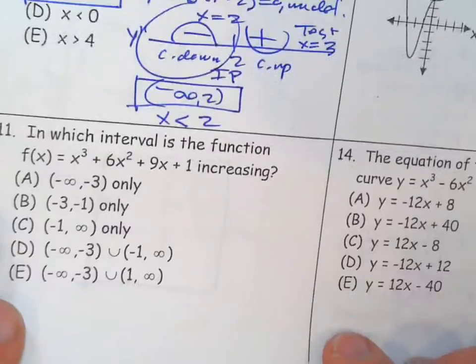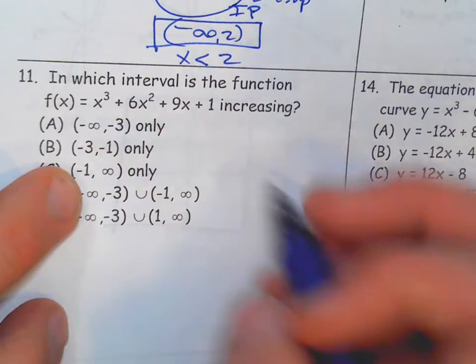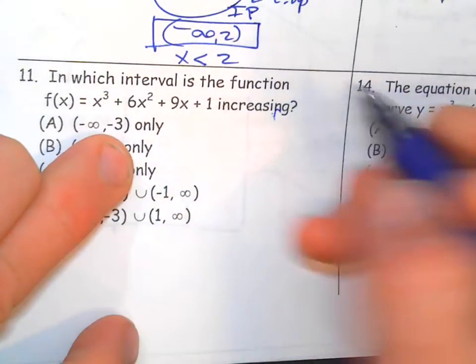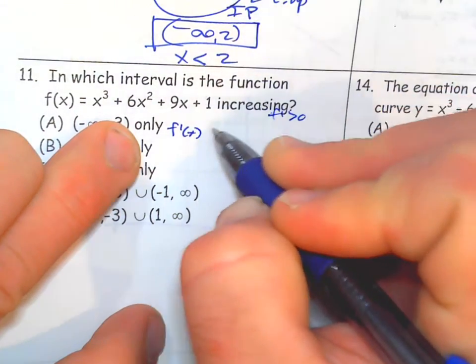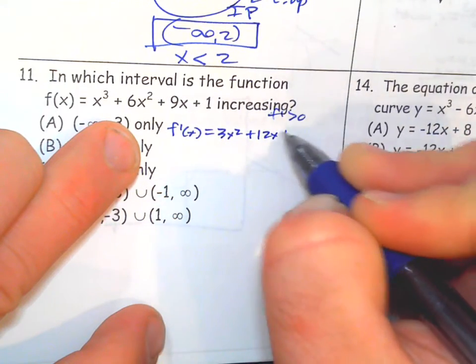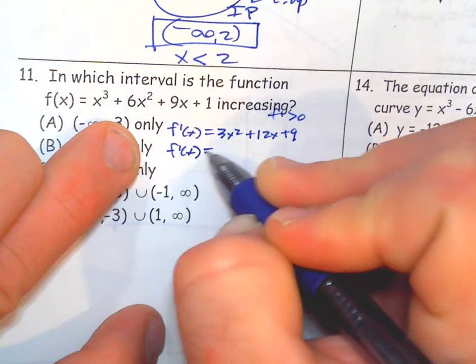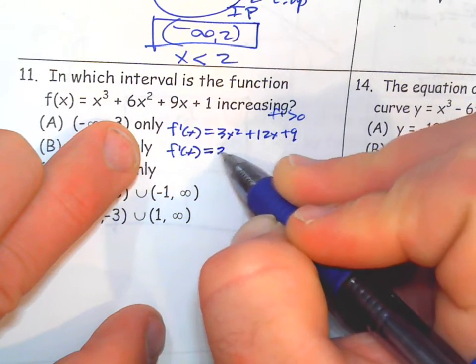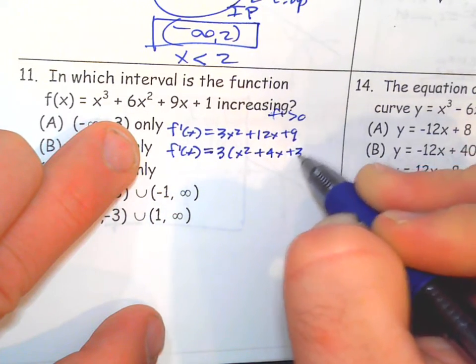All right, number 11. In which interval is the function increasing? So that's where f prime is positive. So f prime equals 3x squared plus 12x plus 9. And then we're going to factor it. 3 times x squared plus 4x plus 3.